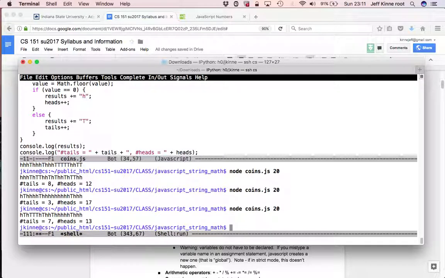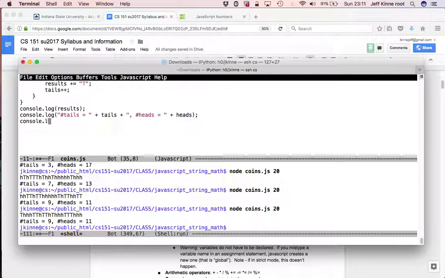So the larger we have for this value here, the closer this should get to 50%. So we'll say console.log percent heads equals, and now we'll do heads divided by the total, which was how many.